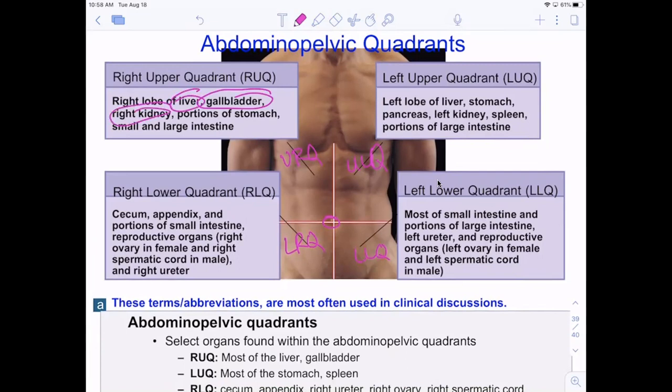So you're trained to know what organs are in the upper right, upper left, lower right, lower left, right? If it's lower right, first thing people think of is appendix. Spleen is on your upper left, as well as kidney. Stomach's kind of in the middle, so it can end up both. And you have your ovaries in the females in the right and left lower quadrants.